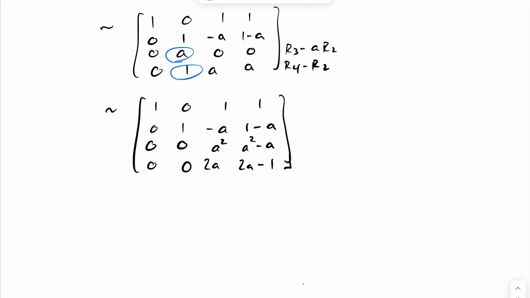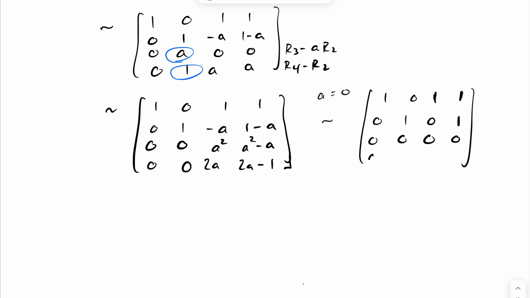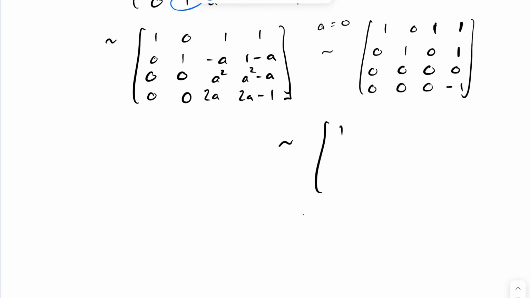So now from here, if a is 0, this matrix becomes 1, 0, 1, 1, 0, 1, 0, 0, 1, 0, 1, 0, 0, 0, 0, and 0, 0, 0, minus 1. All right, and rearranging this so you can get a better look at what we have here, I'm going to move that 0 row up and multiply by a minus sign.